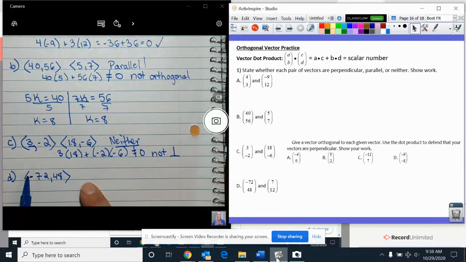Keep going in D, -72 and 48. The other vector is 7 and 12. Their dot product, -72 times 7 plus 48 times 12.